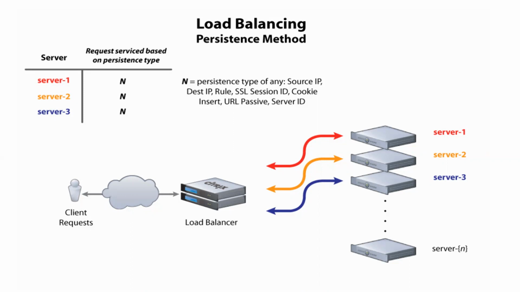If the configured persistence applies to a server that is down, then the NetScaler uses the load balancing methods to select a new server. The new server becomes persistent for subsequent requests from the client. If you look here, the persistence-configured web server is down, disabled.